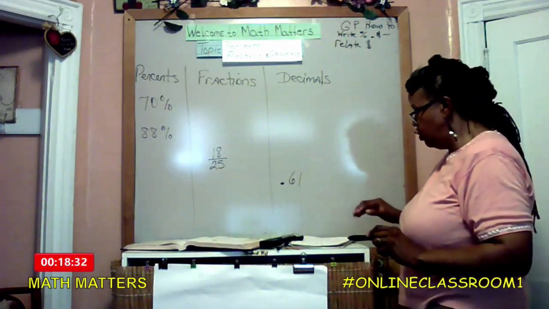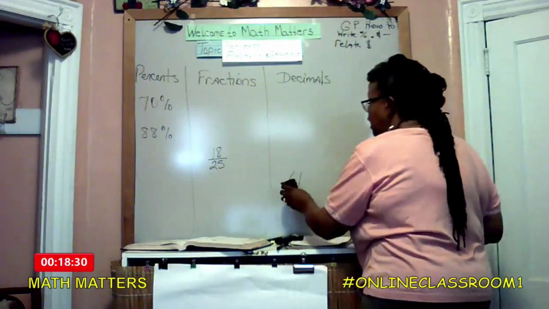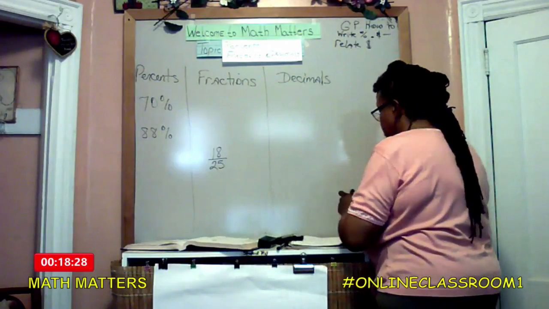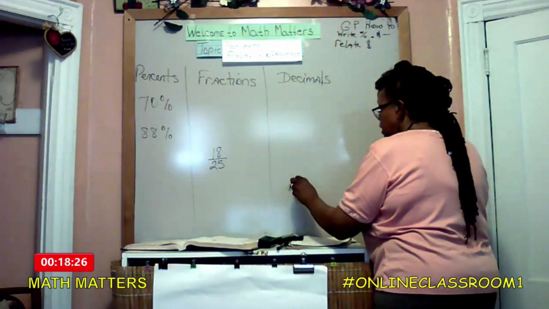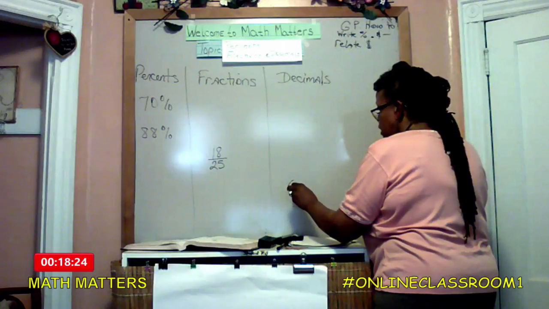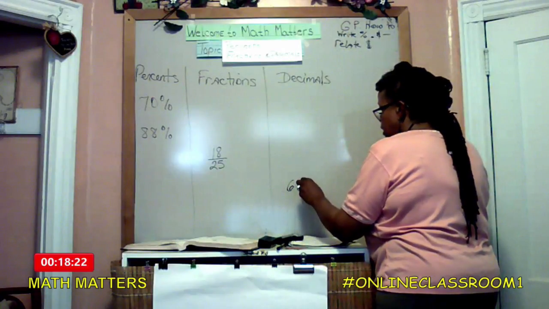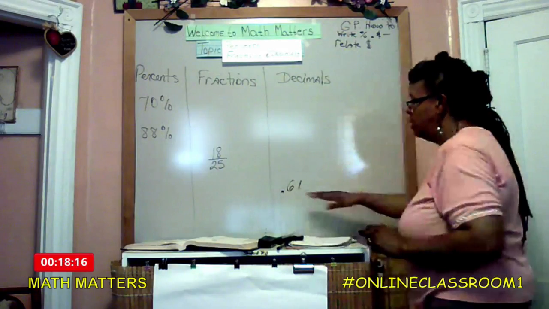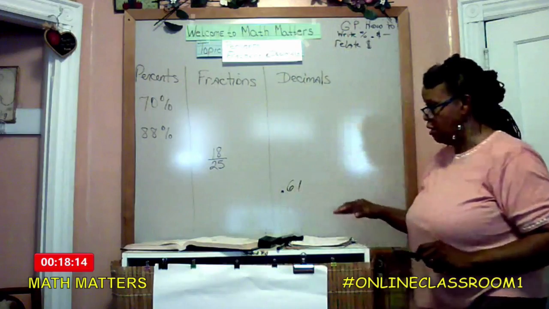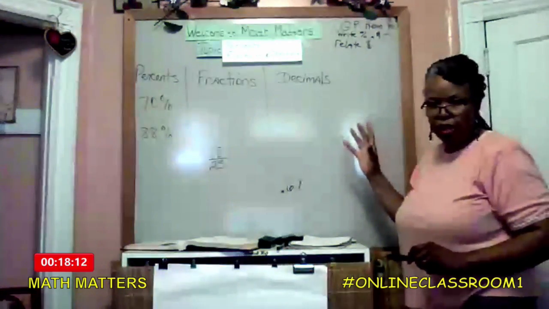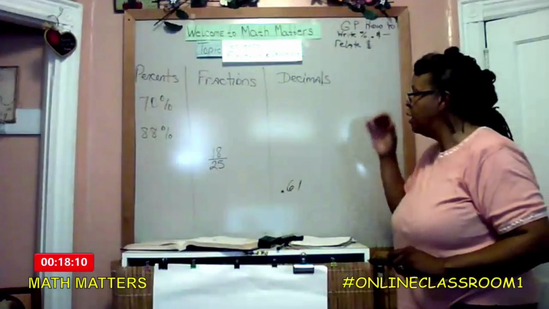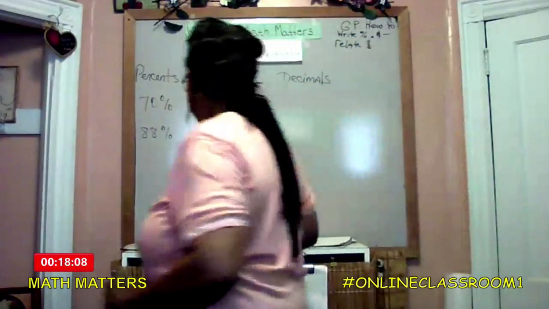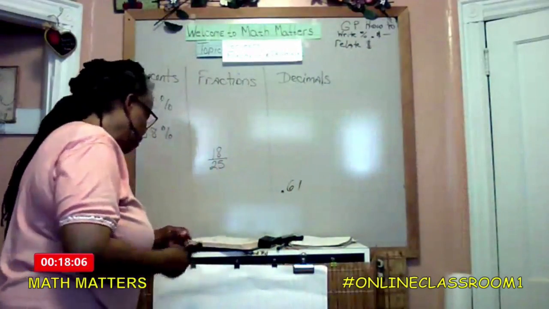Okay? So you're going to fill in, I'm going to lower this a little bit. .61 or 61 cents here. I want you to fill in the rest of this chart. And then we'll come back and review it.